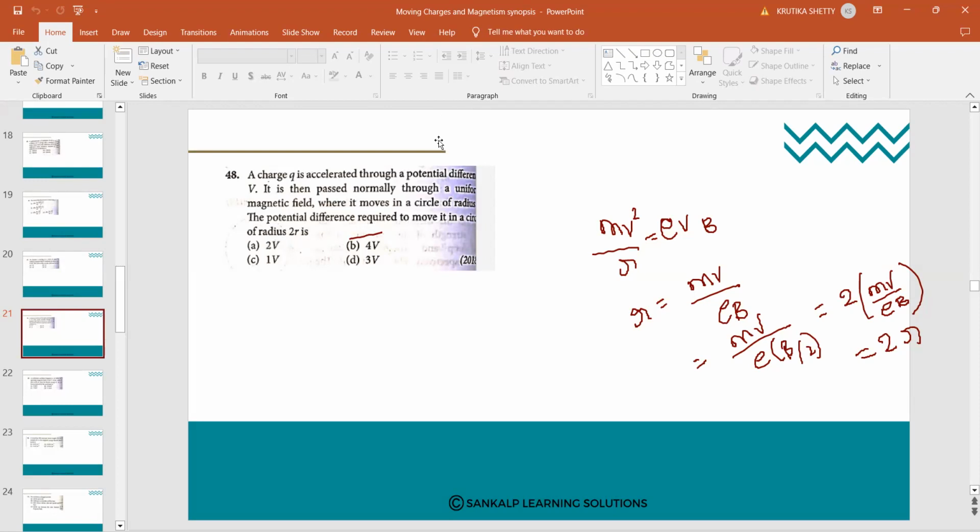So, a charge Q is accelerated through a potential difference V, then passed normally through a uniform magnetic field. For it to move in a circle of radius 2r, what will be the potential required, that we need to calculate.